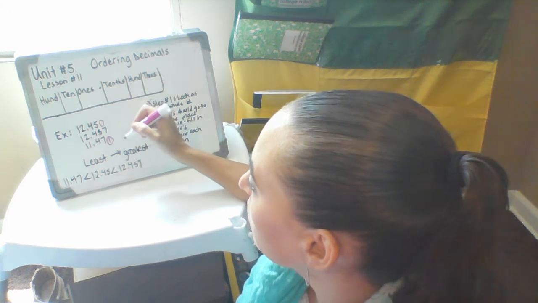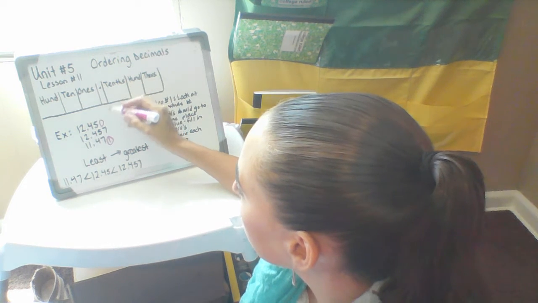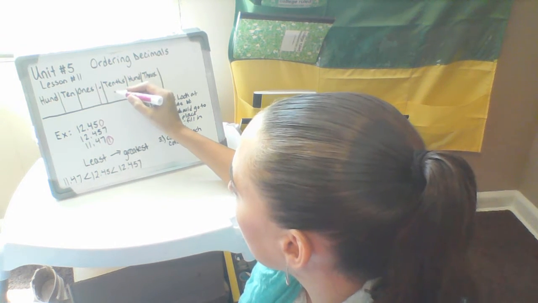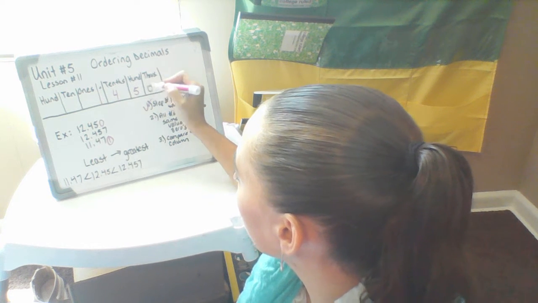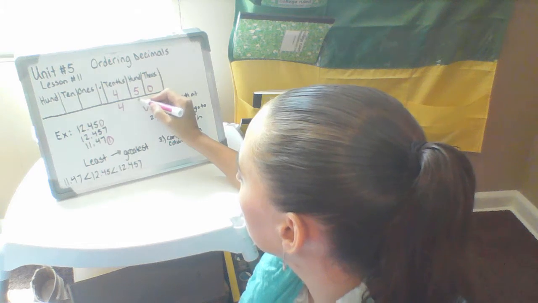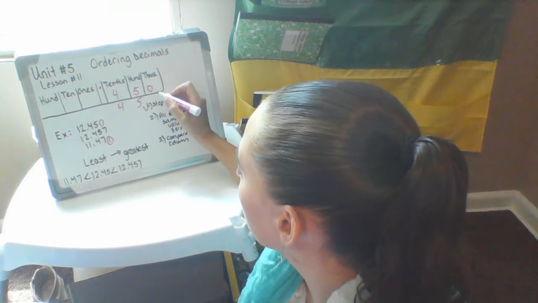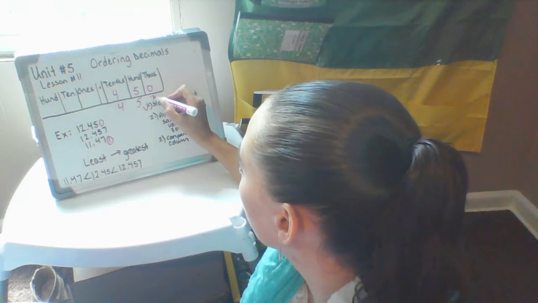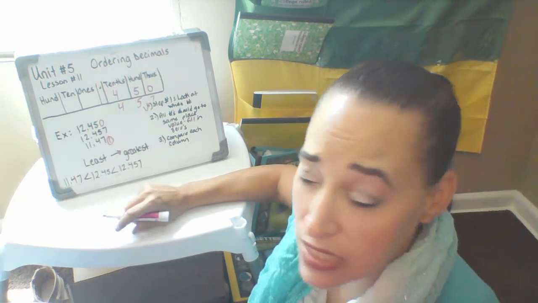So what I'm going to do is now put in the first one. I have 4, 5, 0, and right underneath I'm going to put the other one, 4, 5, 7. Then I'm going to go straight across until I find a difference.